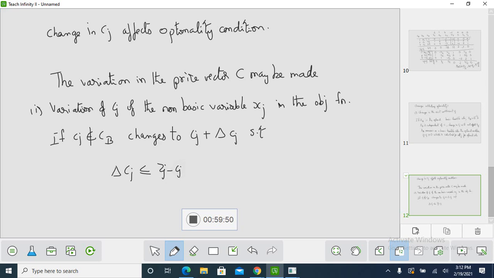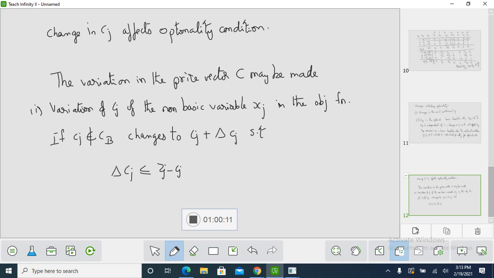This delta Cj is chosen in such a manner that it is less than or equal to Zj minus Cj.